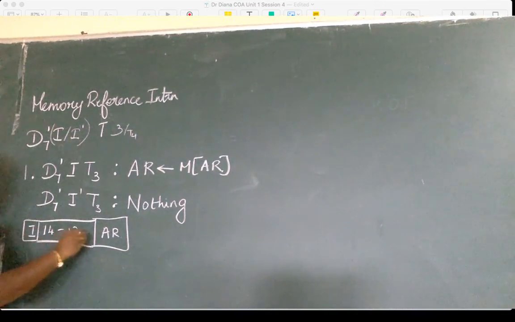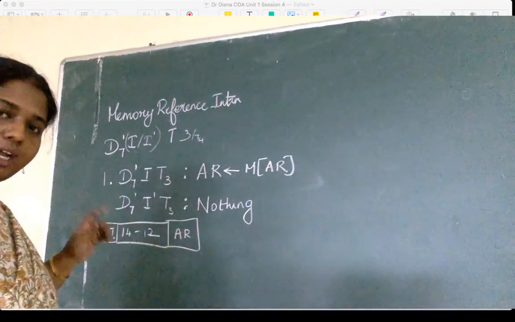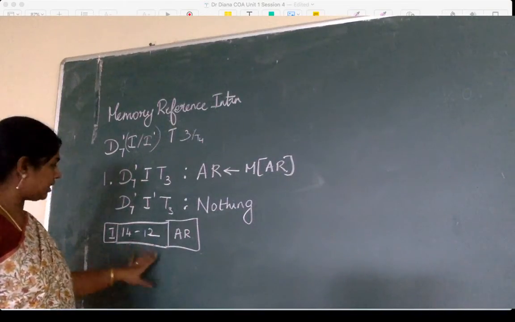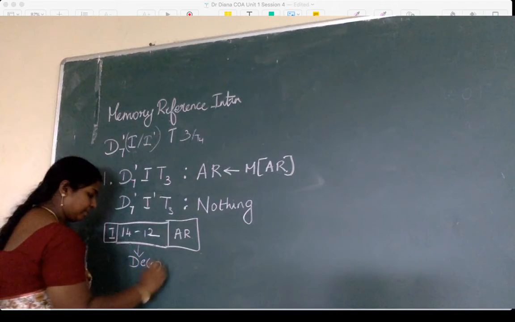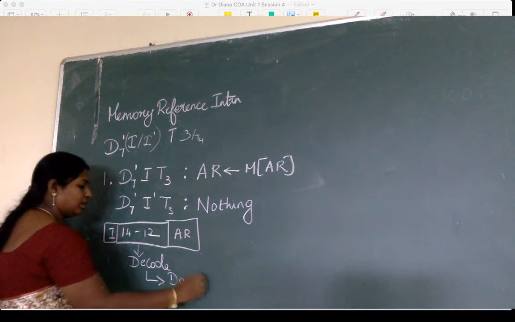Bits 14 to 12 are going to be used as inputs for indicating what type of instruction I have to execute. This is given as input to the decoding circuit, and I generate signals D0 to D7.